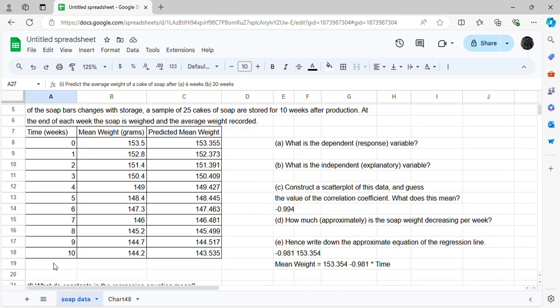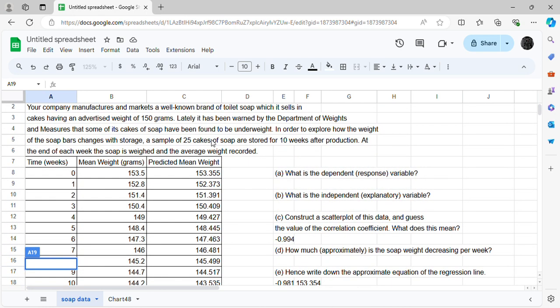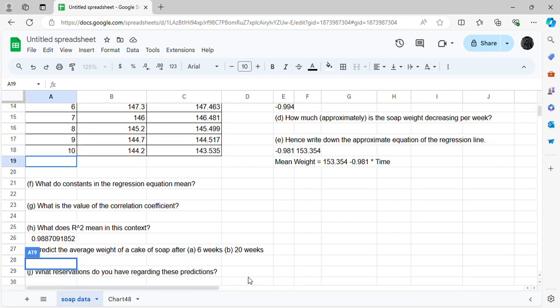So after 6 weeks, predict the average weight of a cake of soap after 6 weeks and 20 weeks. So 6 weeks is here, and 20 weeks is extrapolation.